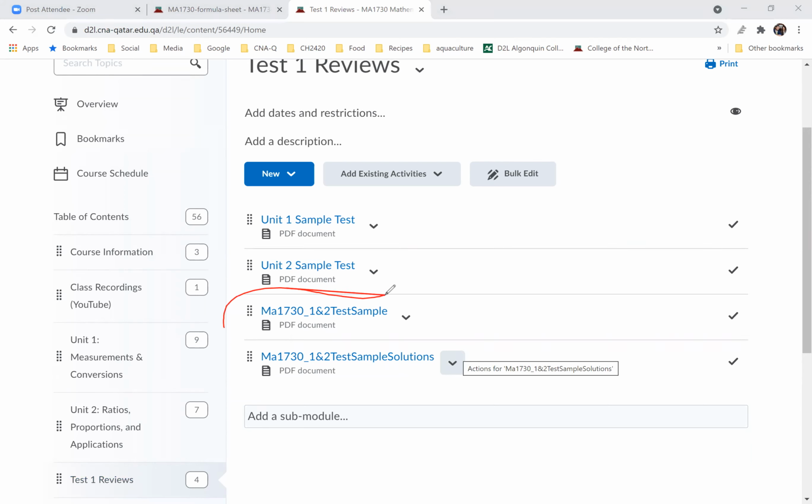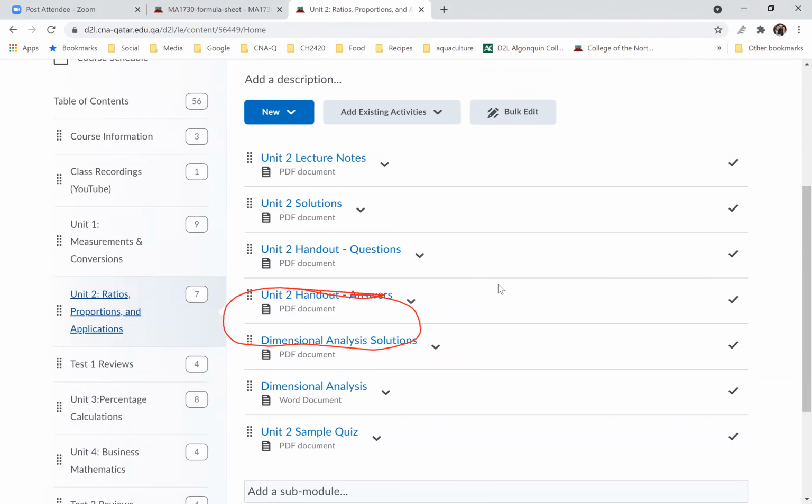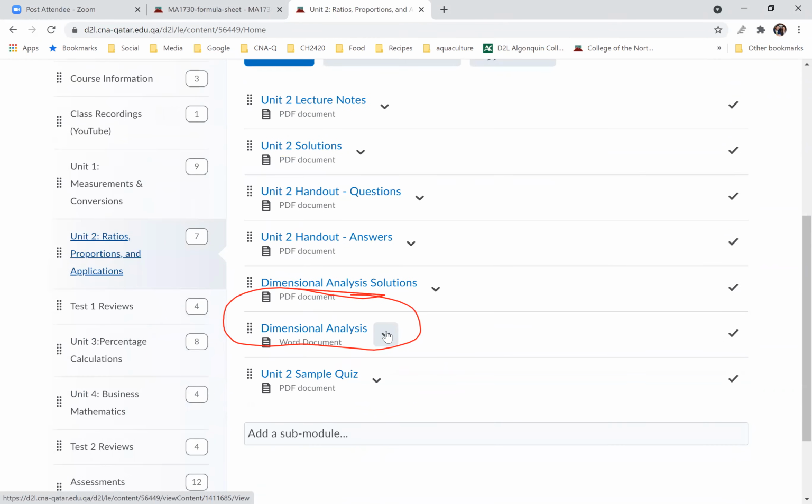Again, you can look at as much as you can. For example, if in Unit 2 you really struggled with some of those questions like body surface area, maybe you want to look at the Unit 2 handout or a Unit 2 sample quiz.